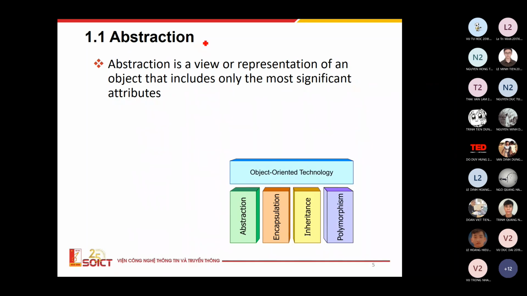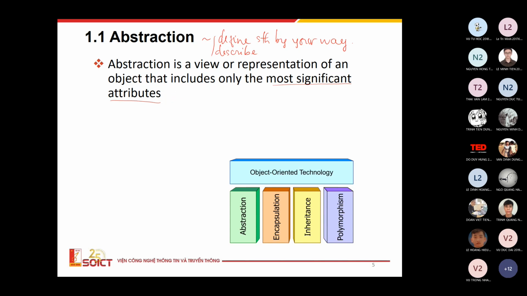Yeah. And abstraction means how you can describe an object or something. Abstraction means you want to define something by your way. And if you want to describe or define something, of course you have to show the most significant properties of that object or element.